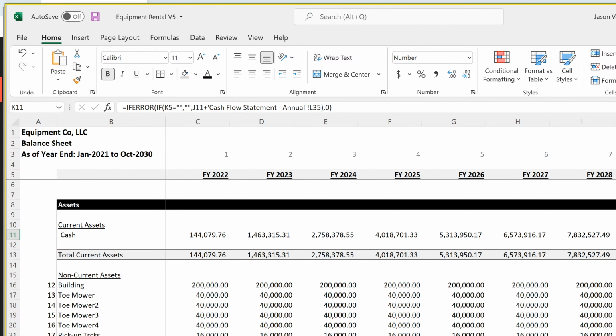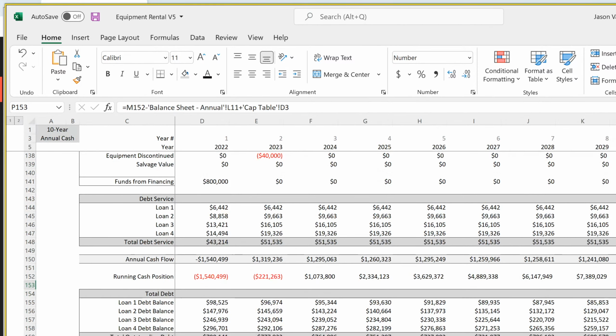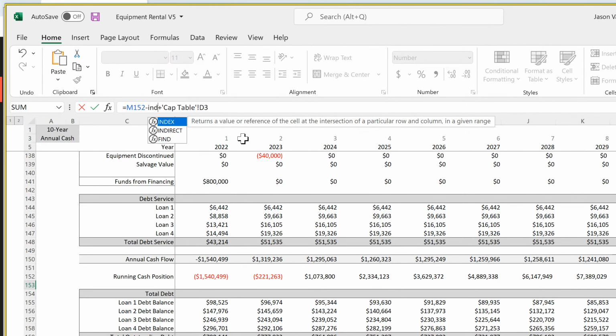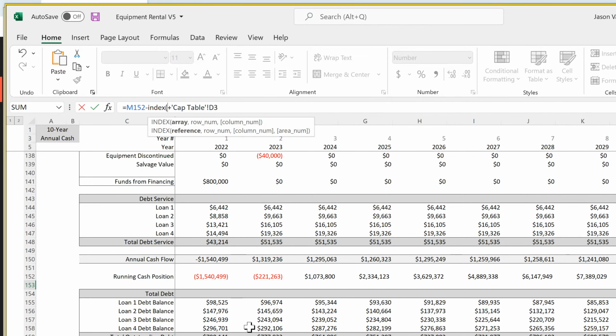Oh, okay. Duh. This is actually a formula error in the check formula. So we don't want to just do balance sheet the last month of the year. We have to do minus INDEX.